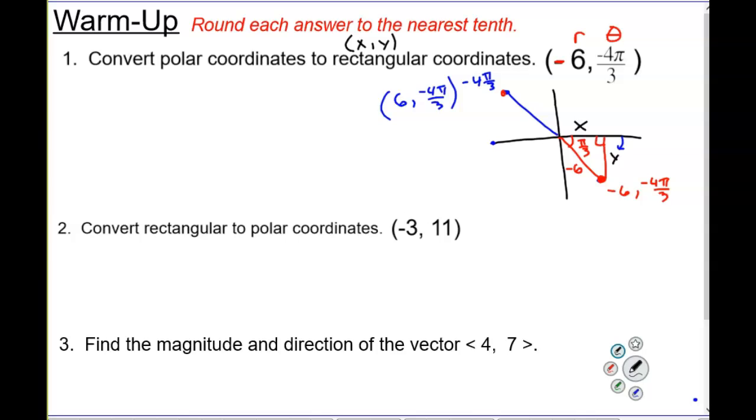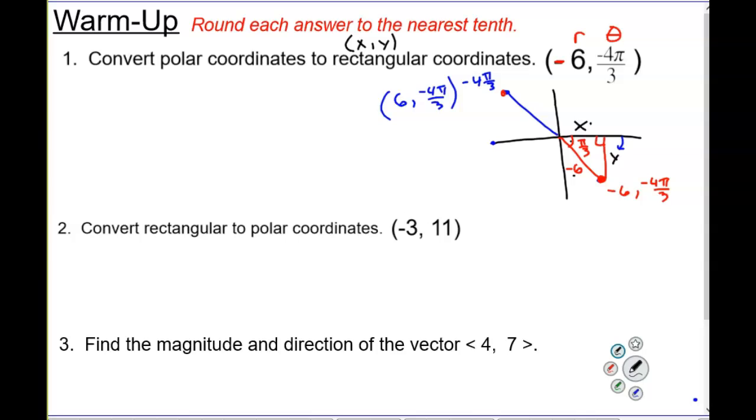I memorized the fact that I have a right triangle, and I know the angle measure and the radius, which means I can use regular SOHCAHTOA. Now, you do have to be careful of what mode your calculator is in, because here we're dealing with radians. If you were in degrees mode, you would probably get this question wrong, even if you did everything right. You got to be conscious of what mode you're in.